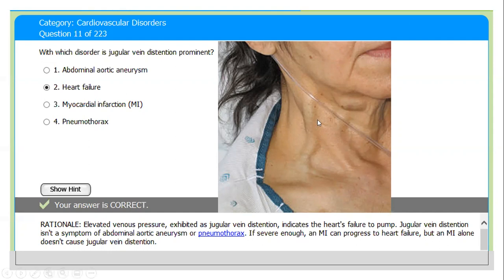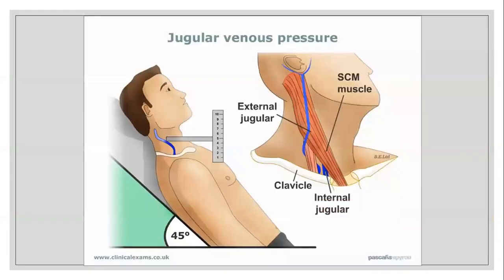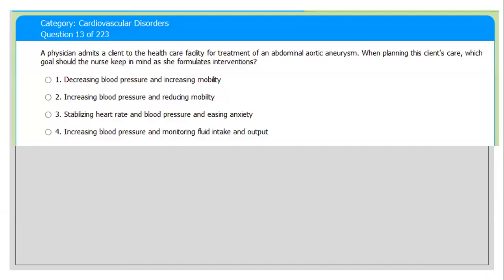A person has jugular veins on both sides of their neck. They act as a passageway for blood to move from a person's head and neck to the superior vena cava, which is the largest vein in the upper part of the body.